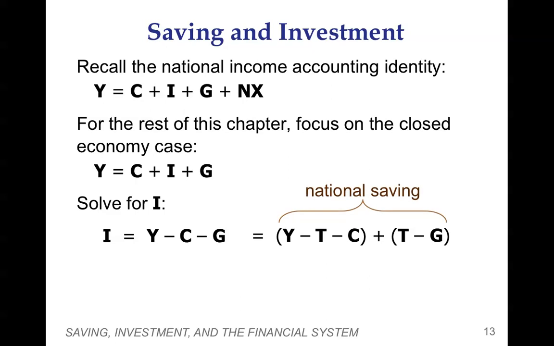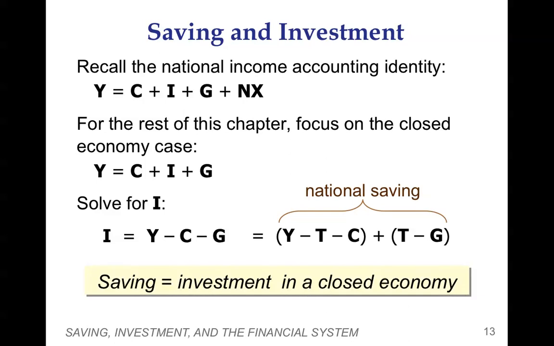Now that is going to be equal to national savings, especially when we subtract out the T's. So savings is equal to investment in a closed economy, and that is exactly true. And that's true even in an intuitive sense.